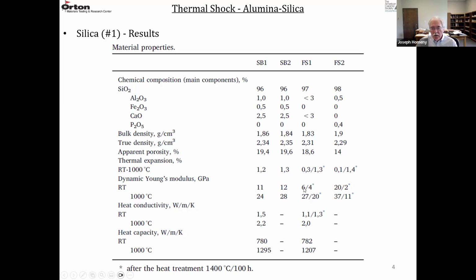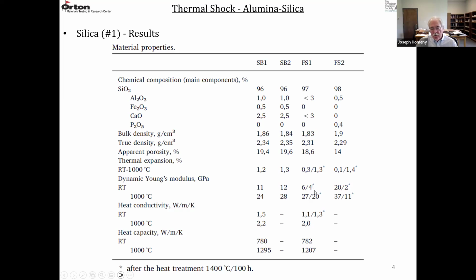The fused silica here has the low modulus, but then as you go to higher temperatures, there's some crystalline material present. It also goes through the phase transitions and increases. This one starts out really high because of the low porosity, and then, again, there's some crystalline material present, so it increases at the higher temperature.